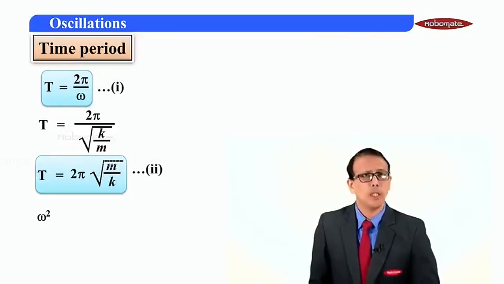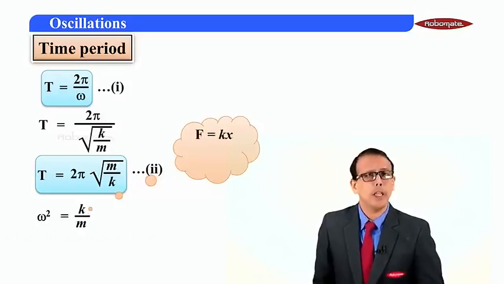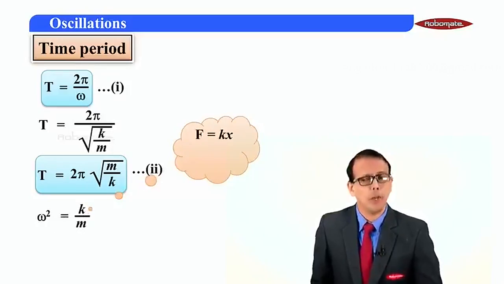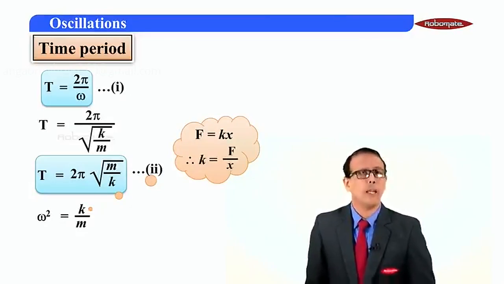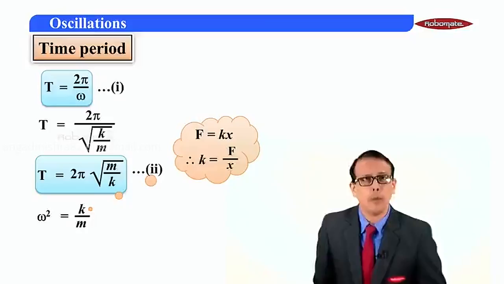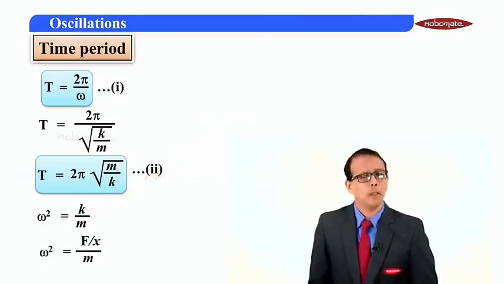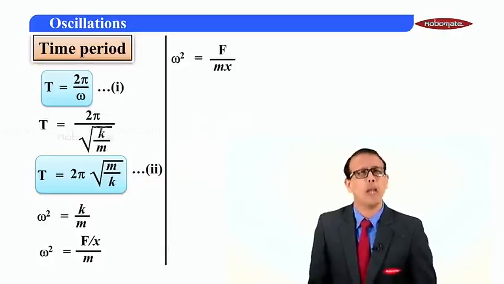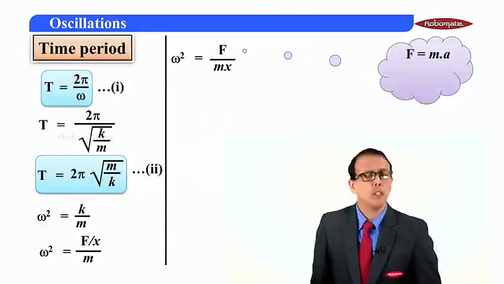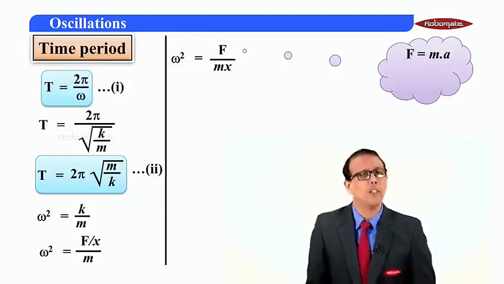Let's move ahead students. As we know, omega square is k by m. Let's express k. F is kx, formula for restoring force, and hence k, force constant, can be written as force per unit displacement, F upon x. Let us substitute this value of k here and I can write omega square as F upon x upon m. Let us rearrange this and omega square therefore becomes F upon m into x. Students, from Newton's second law, force is equal to mass into acceleration, F is ma.